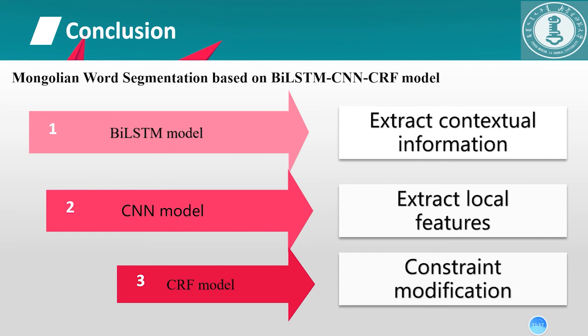On this basis, CNN is introduced as a local feature extractor of Mongolian words so that the model can effectively learn the local features of Mongolian words, thereby improving the segmentation effect of Mongolian words.